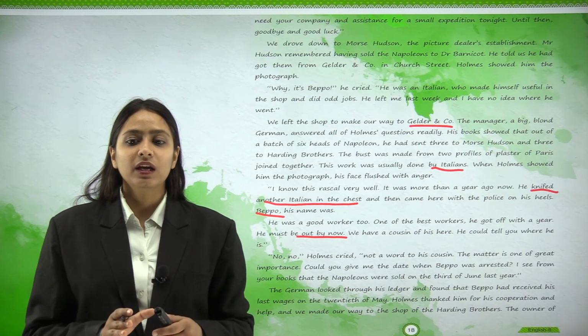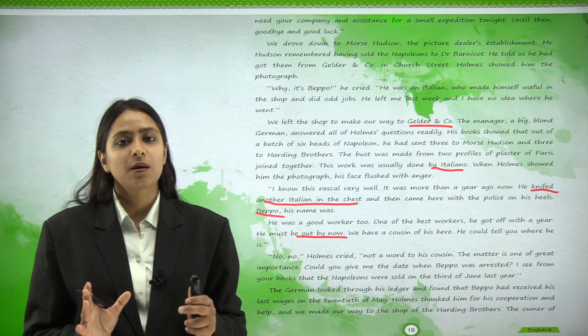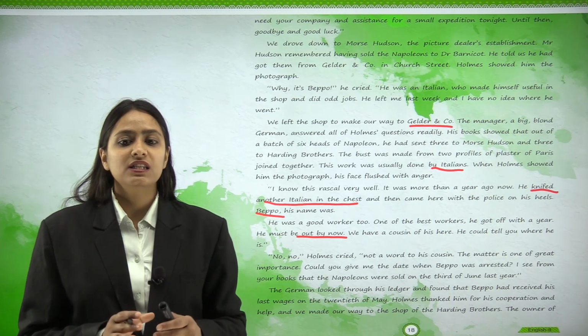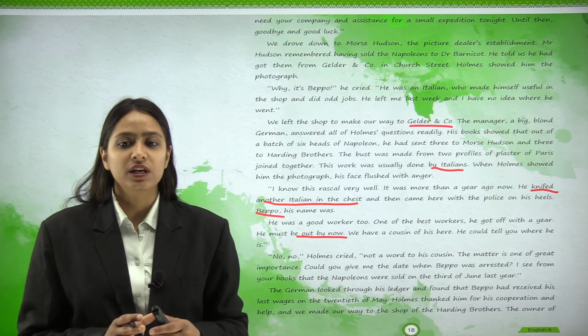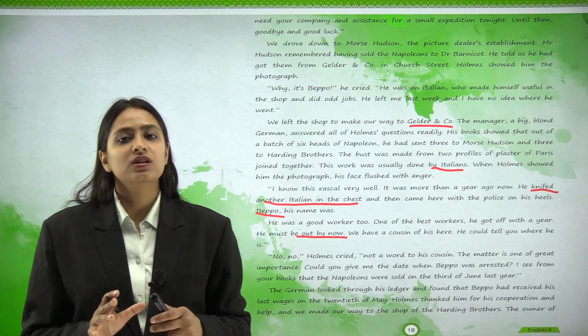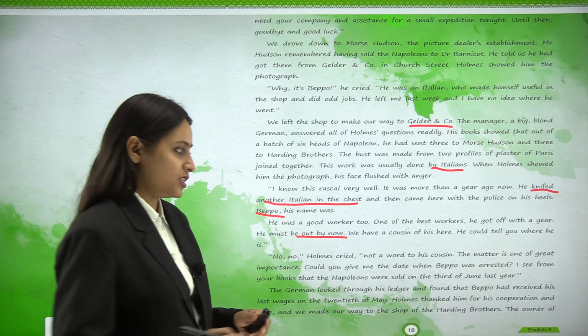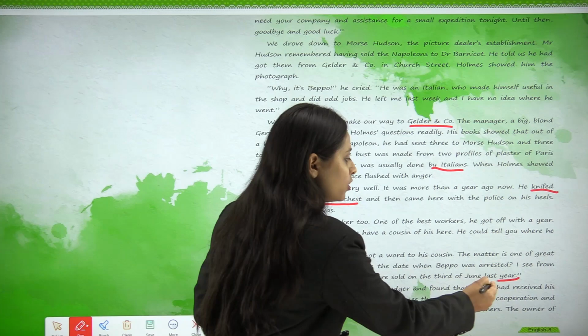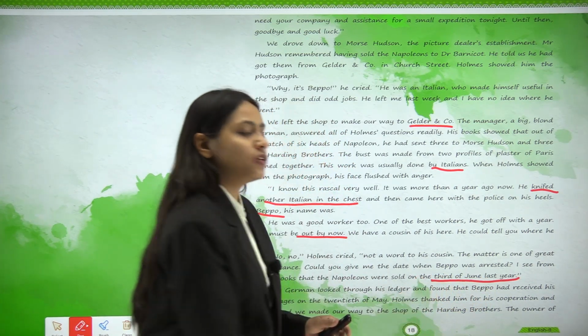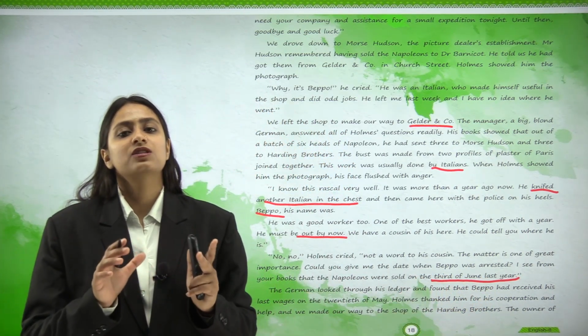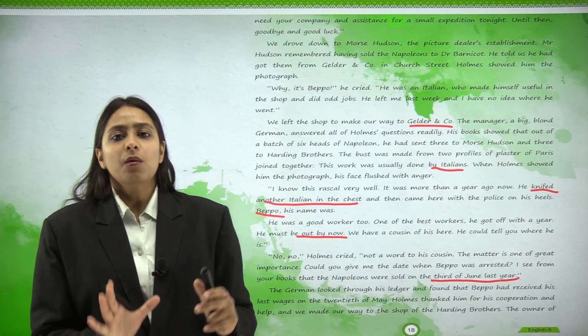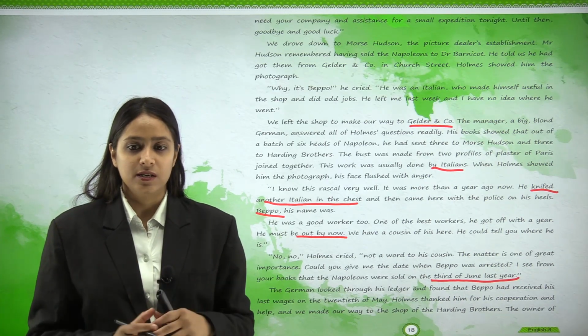"Could you give me the date when Beppo was arrested? I see from your books that the Napoleons were sold on the 3rd of June last year." So when were the Napoleons sold from Gelder and Company? On the 3rd of June. And now Mr. Holmes is asking when Beppo was arrested.